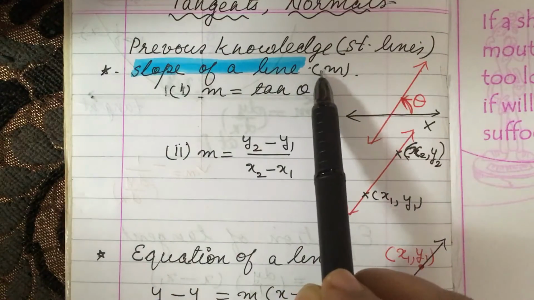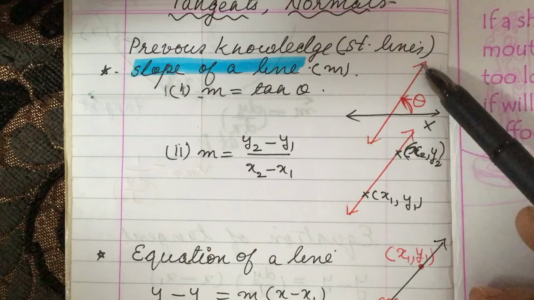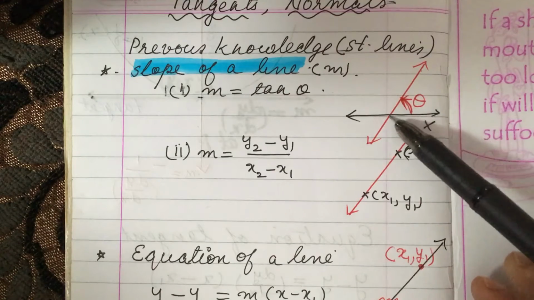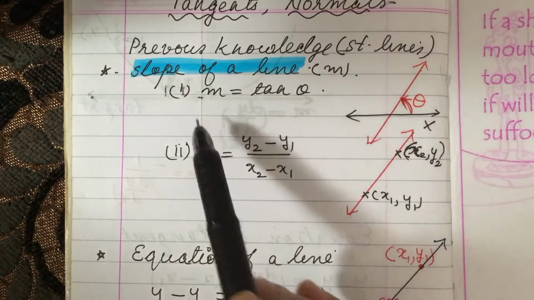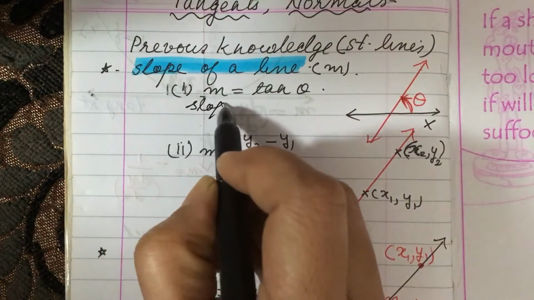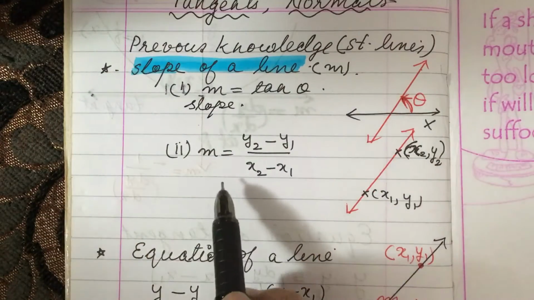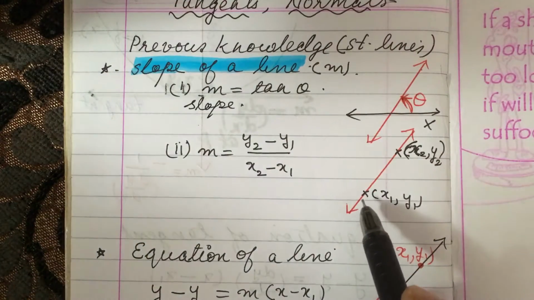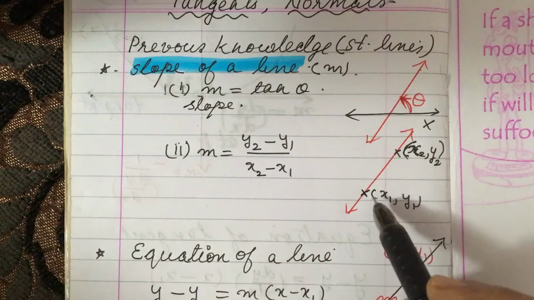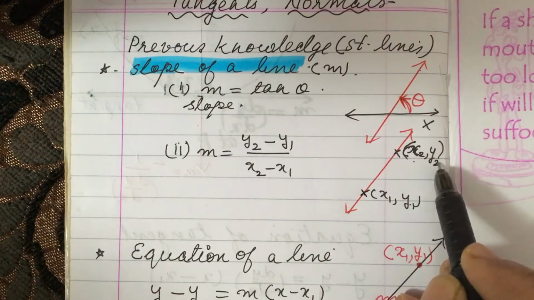Slope of a line, usually denoted by m, is, see, if this is a straight line making an angle theta with the positive direction of the x-axis, then slope equals tan theta. And there is one more formula for finding the slope of a line. Suppose we have 2 points (x1, y1) and (x2, y2).